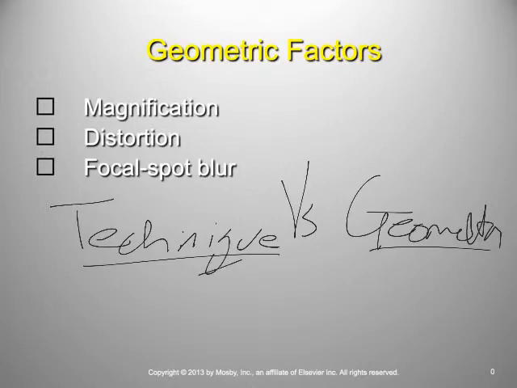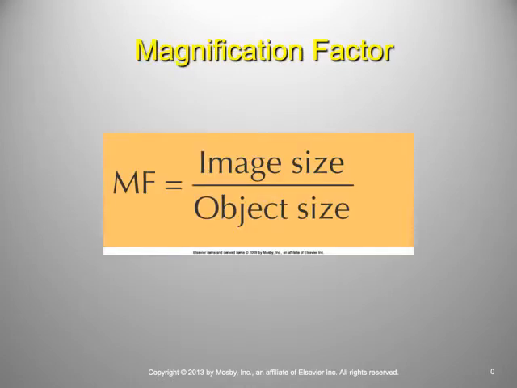In addition to that, we have what we call focal spot blur. We'll unpack how that works in just a moment. I think there's a graphic that will be helpful. Oh, here it is.